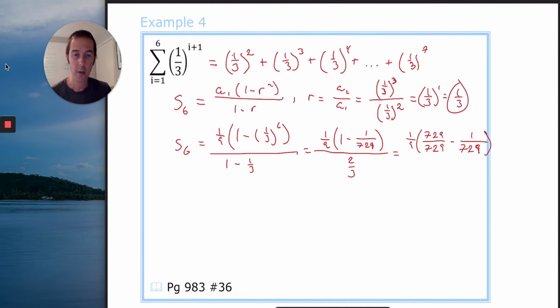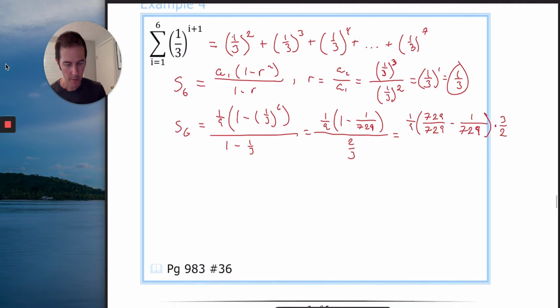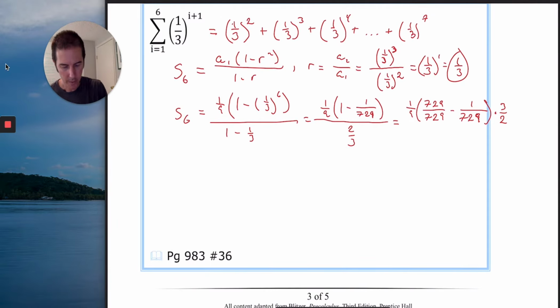And then I'm going to do a keep change flip on the 2/3 from the denominator. Let's multiply that up to here as a 3 over 2. And if you need to pause for a moment and absorb that, that's fine, please do.